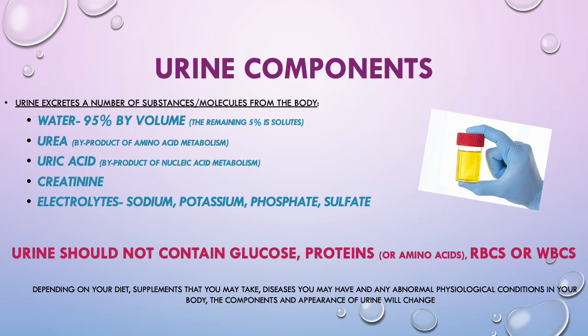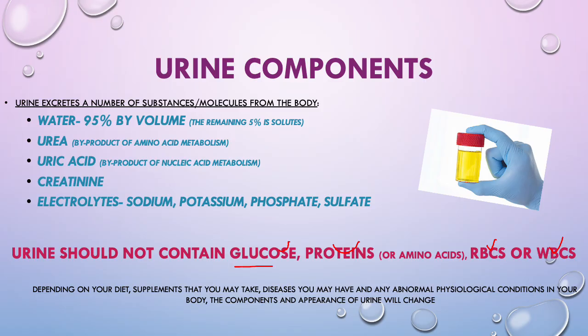So components of urine. 95% of the urine volume is water, okay? And then we have urea, and then we have uric acid, creatinine, and other electrolytes: sodium, potassium, phosphate, and sulfate. Things that should not be in urine: glucose, proteins, red cells, and white cells, because that means something is off, all right?